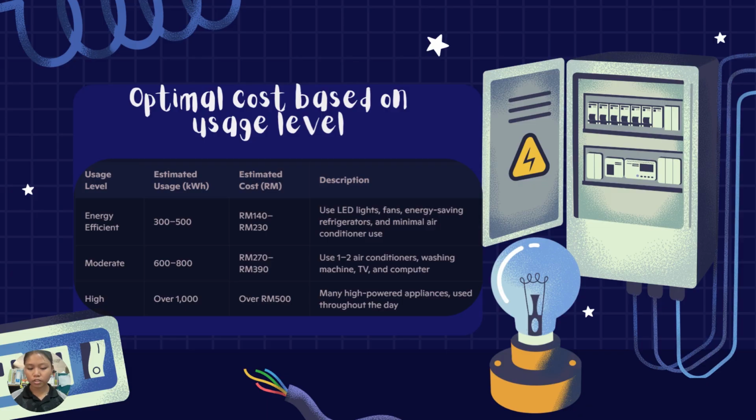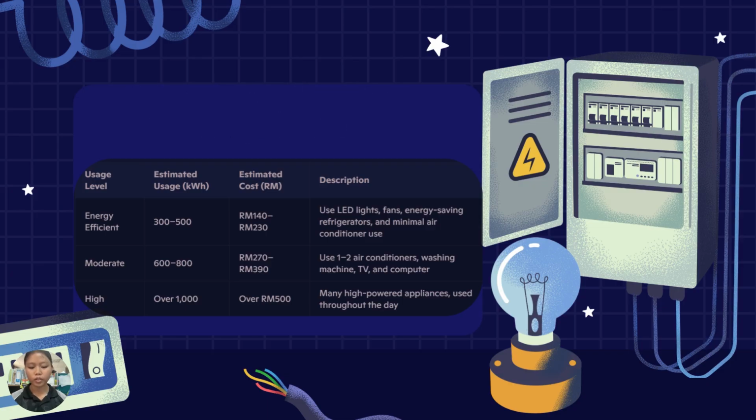The second usage level is moderate. The description is use of one to two air conditioners, a washing machine, TV, and computer. The last usage level is high. The description is many high power appliances used throughout the day.